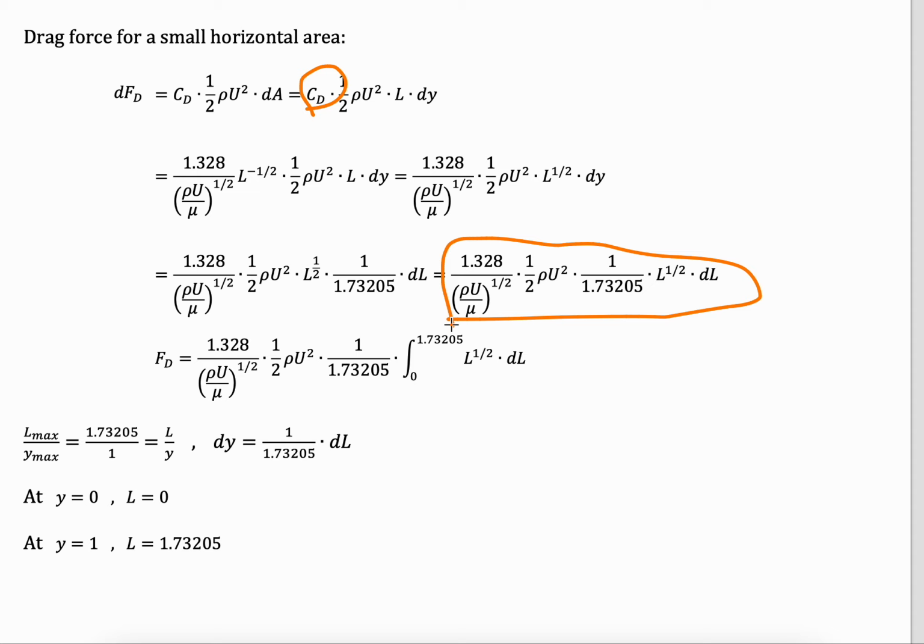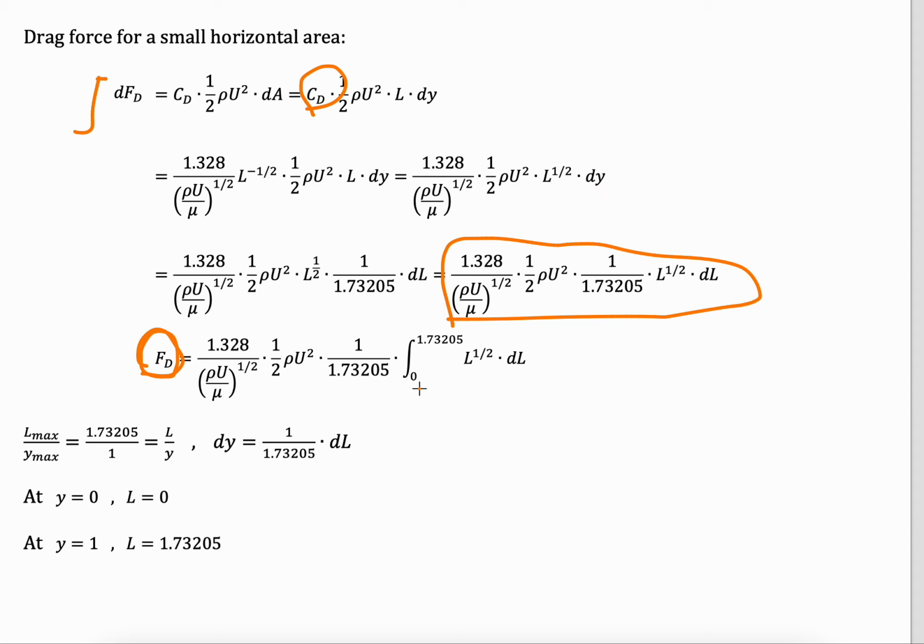Then we can calculate the total drag force by integrating these terms on left and right. So dFD becomes the full drag force here, and then we integrate the value here with dL. Y here will become dL.